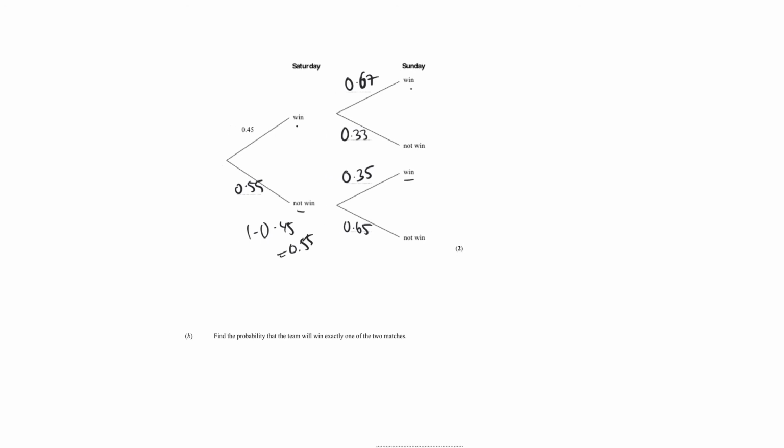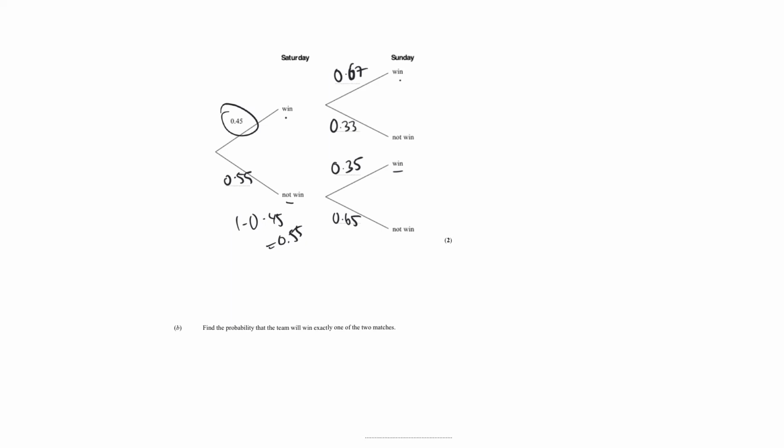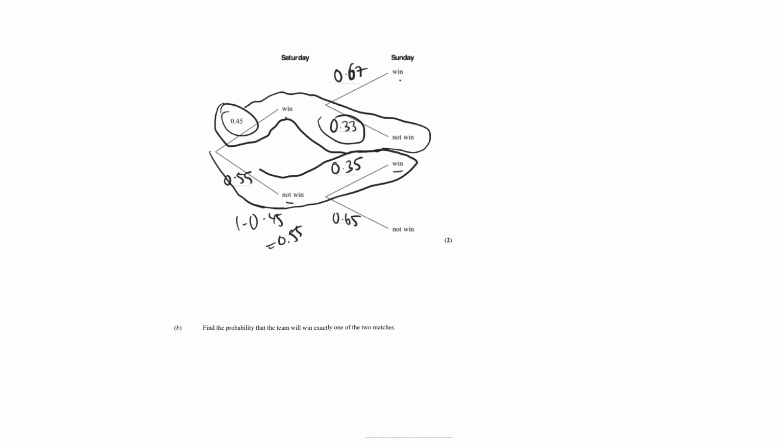So then it's going to be 0.45 times 0.33, because the probability of winning on a Saturday and not winning on a Sunday, and then the probability of not winning on a Saturday times the probability of winning on a Sunday, because then at least you won one of them. So you would end up doing 0.45 times 0.33 plus 0.55 times 0.35. And in your calculator, that'll give you an answer of 0.31.